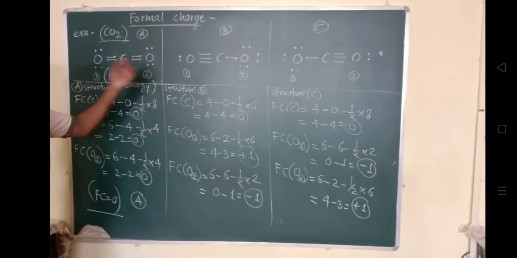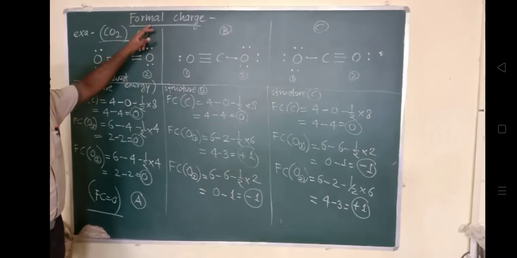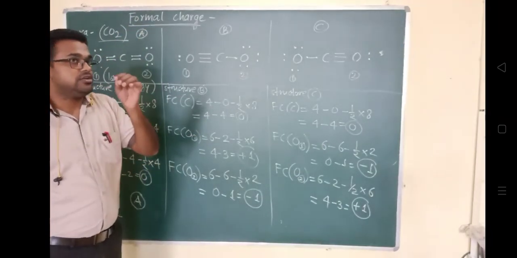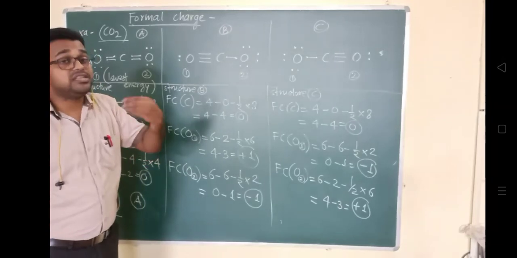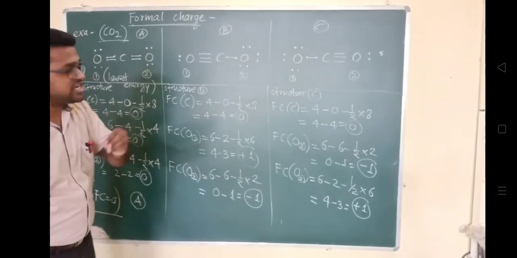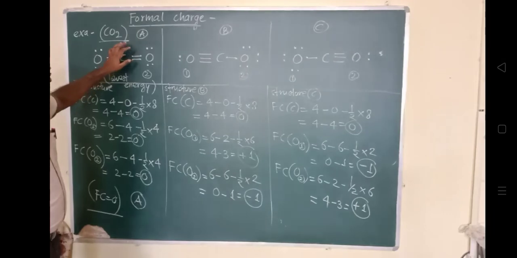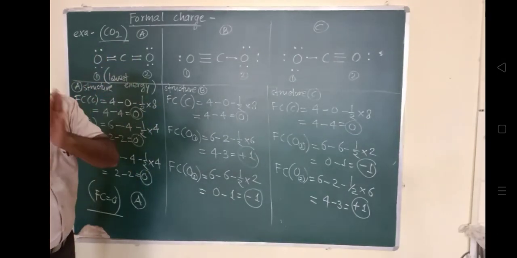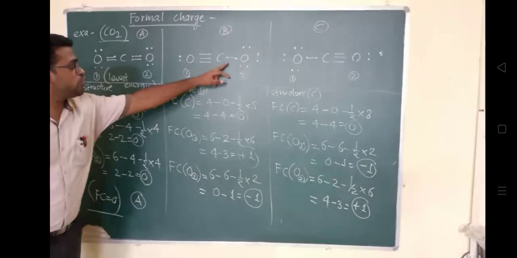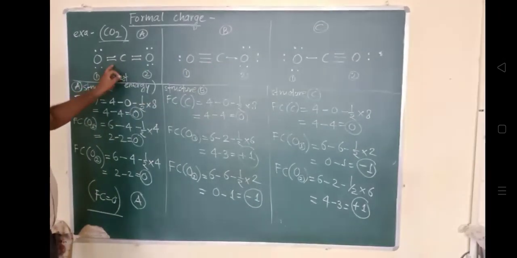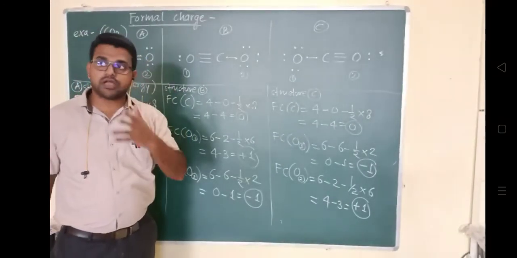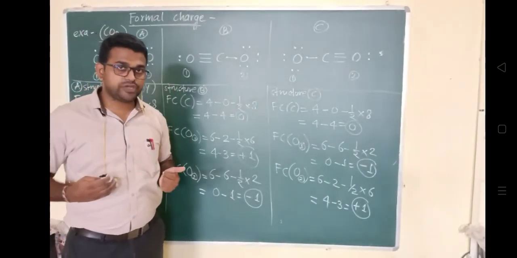What does formal charge decide? This formal charge is the deciding factor if there are multiple Lewis dot structures for a molecule. Okay, if for any molecule we can draw a number of different structures like this, by showing single bond, triple bond, by showing double bond here, by showing single bond and triple bond, which one do we have to select?